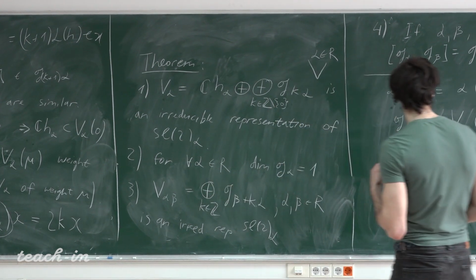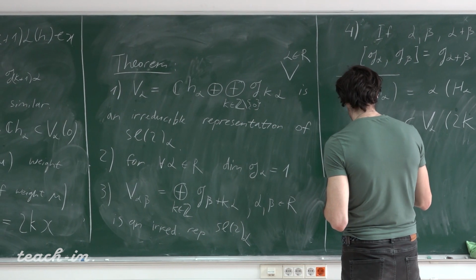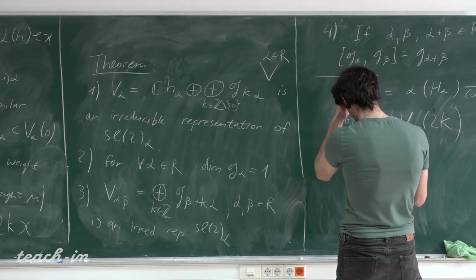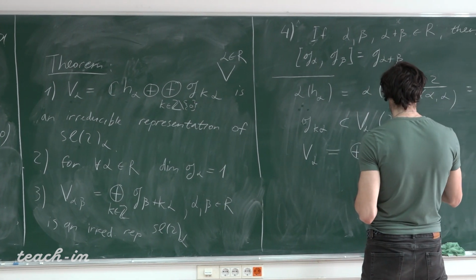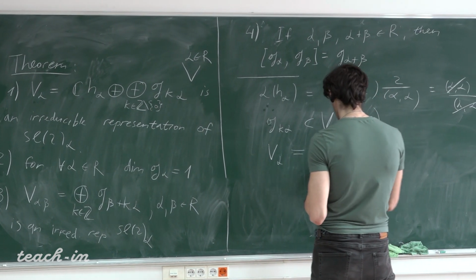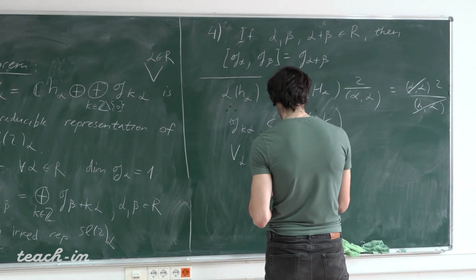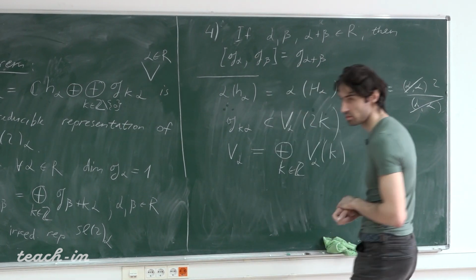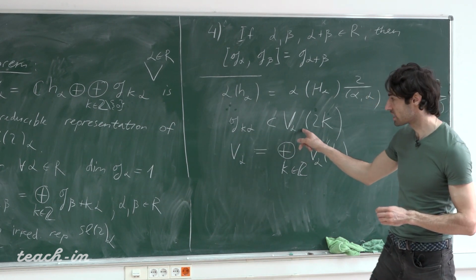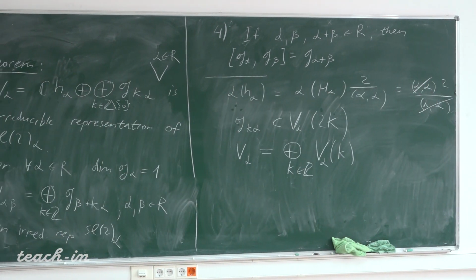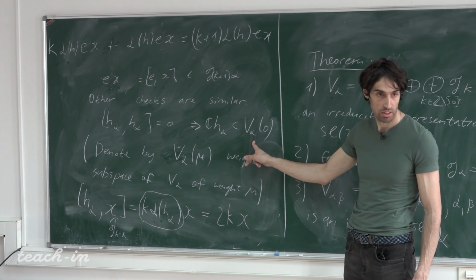So you actually have V alpha is the direct sum of V alpha k as k runs over Z. Now, we have g k alpha inside here, and C H alpha is inside here.